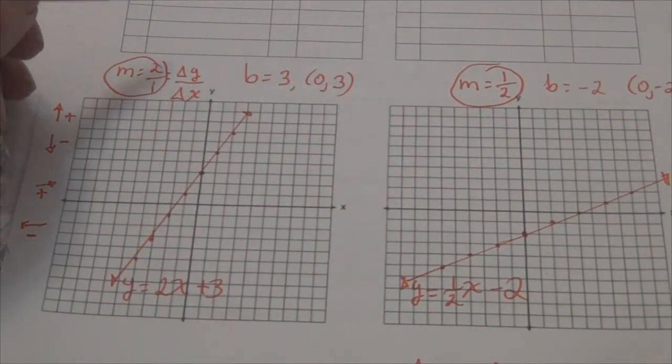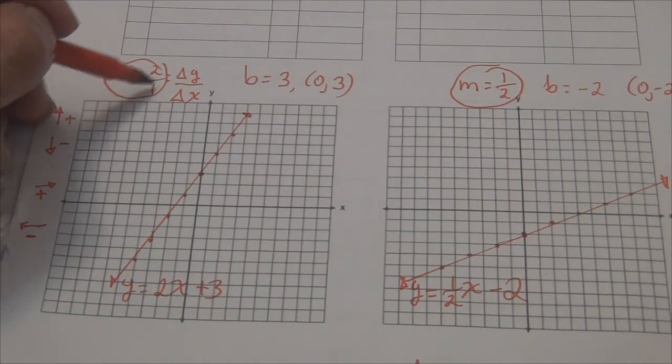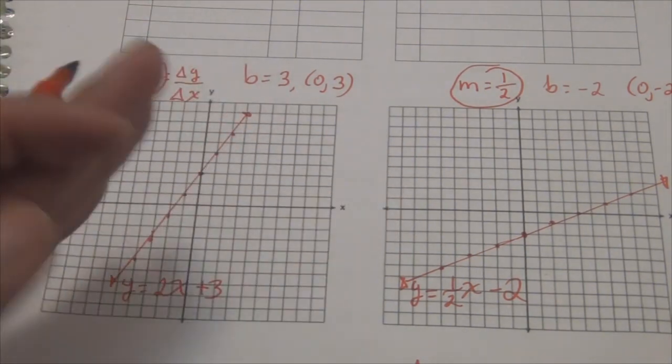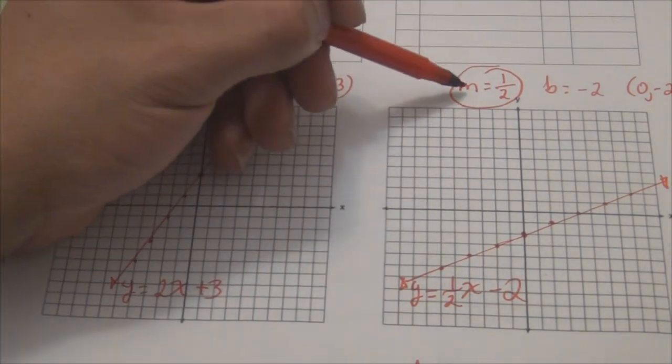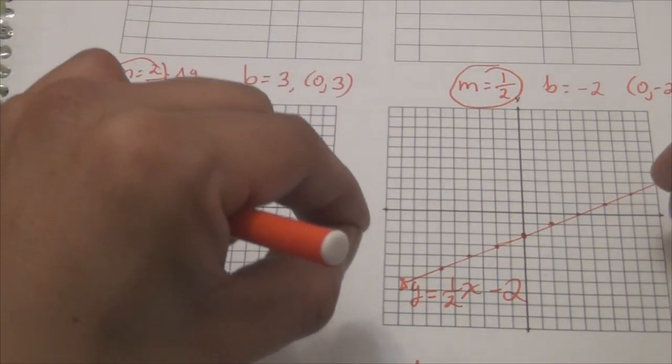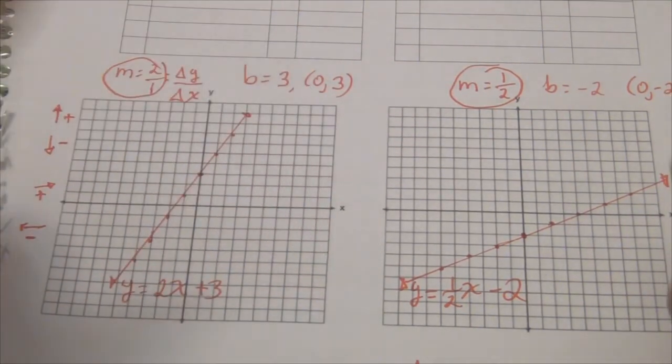Correct. The one that had a greater slope had a steeper line. The closer a slope gets to 0, it becomes horizontal.